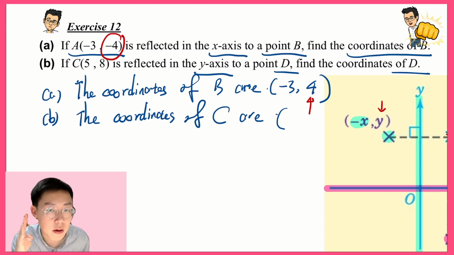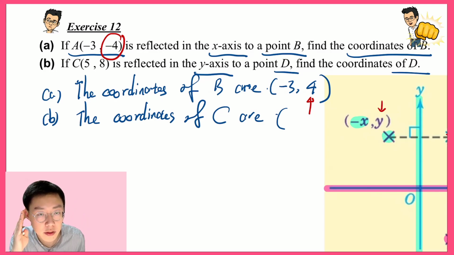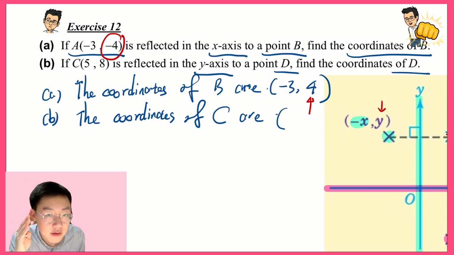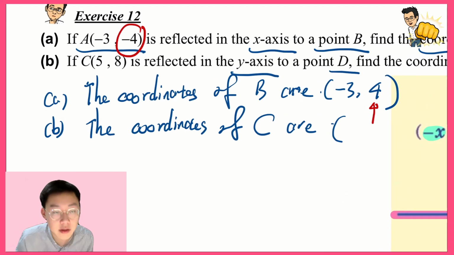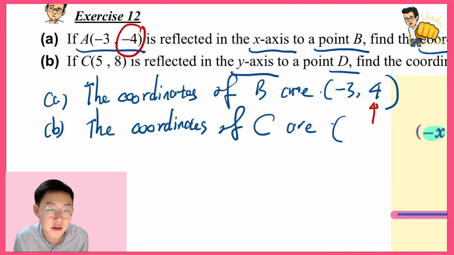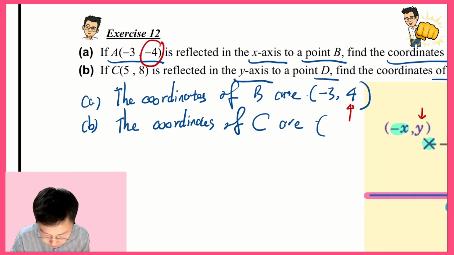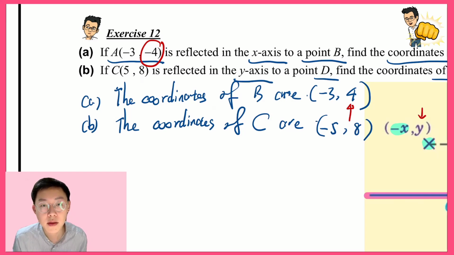I want you to think about which coordinate will be changed. That should be the x coordinate. The original one is +5, so in this case it becomes -5. So -5 and 8.